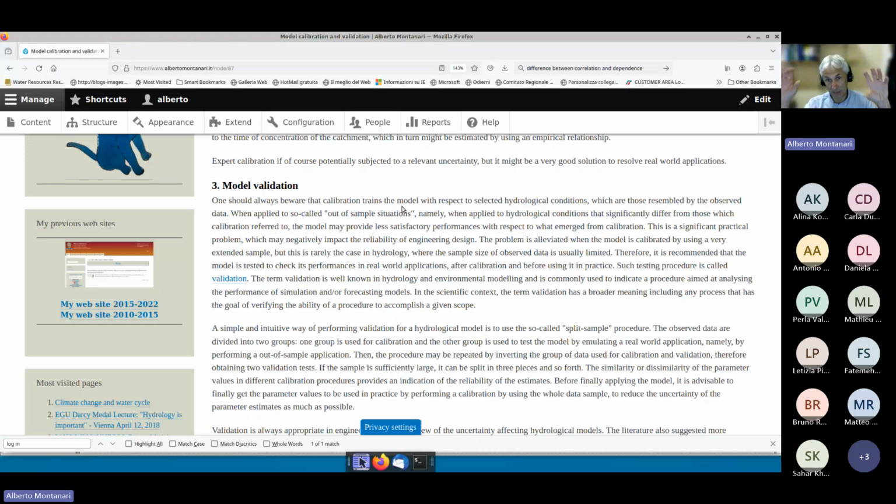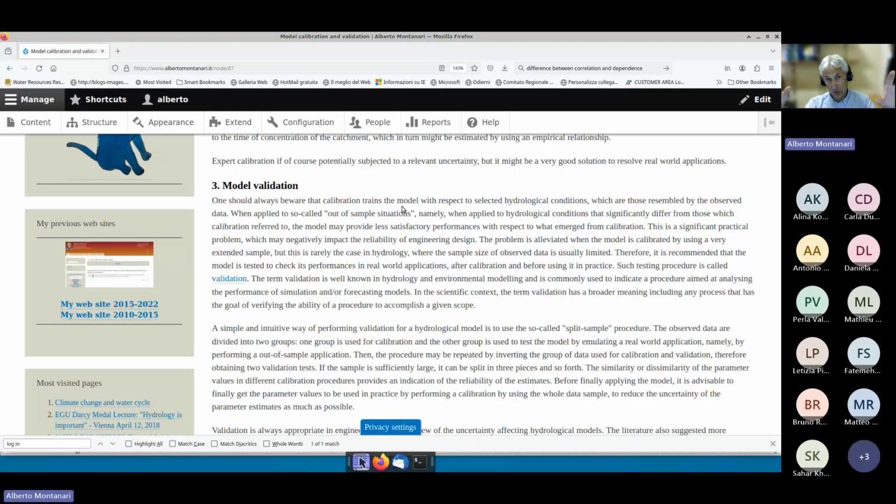When you go to application, it's a different one. So the model is not trained. Of course, you expect that the new situation is to some extent similar to those that you used to train the model. So you expect that the performances will be similar, but strictly speaking and in general, you expect more uncertainty because the model is not trained. Okay.